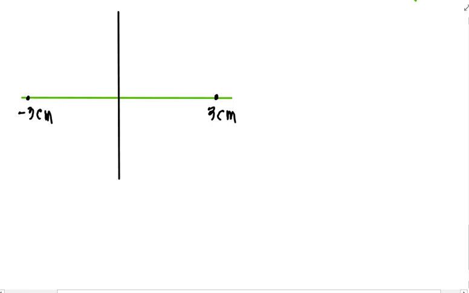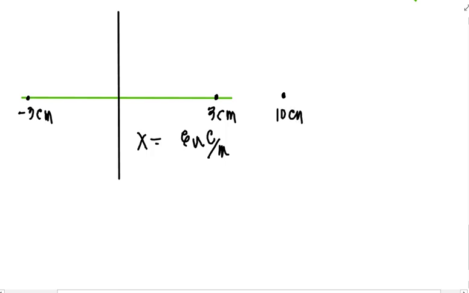Since we have a finite charge, for example our linear charge density lambda is equal to 6 microcoulomb per meter. We are going to calculate at point P, for example 10 cm from the origin.